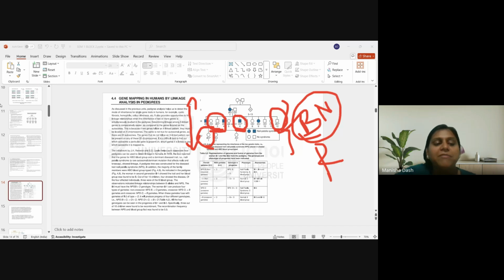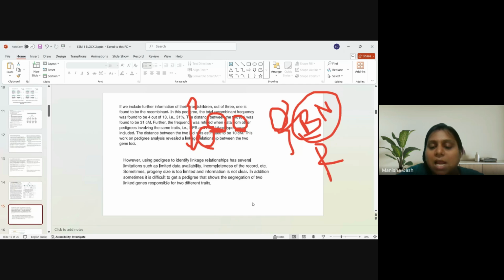So how will we calculate the map distance between the gene that controls nail patella syndrome and the blood group? Simply the total number of recombinants divided by the total number of progeny, that is 4 divided by 13, which is approximately 31%.